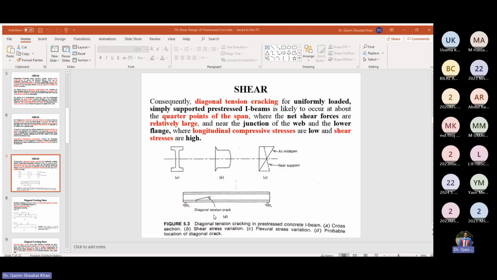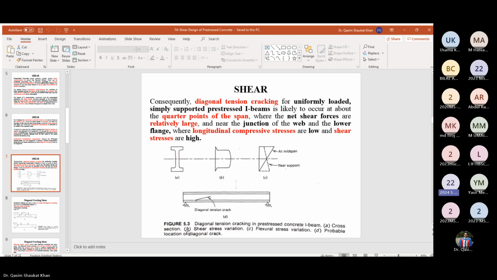Zuhaib, can you explain what we have studied so far? Yes, sir. We are studying shear in the pre-stressed beam.